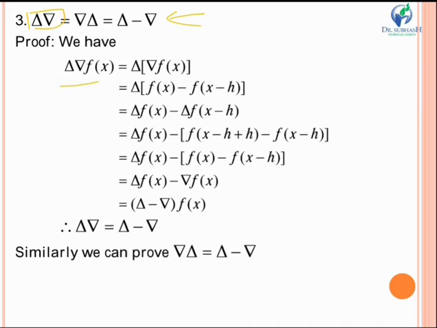We have to take the function, right? So first I am keeping delta as it is. I am using the formula of nabla. So nabla f(x) equal to f(x) minus f(x - h). We have just seen now. Now what I will do is I will multiply this delta with the whole bracket, right? So we get delta f(x) minus delta of f(x - h).